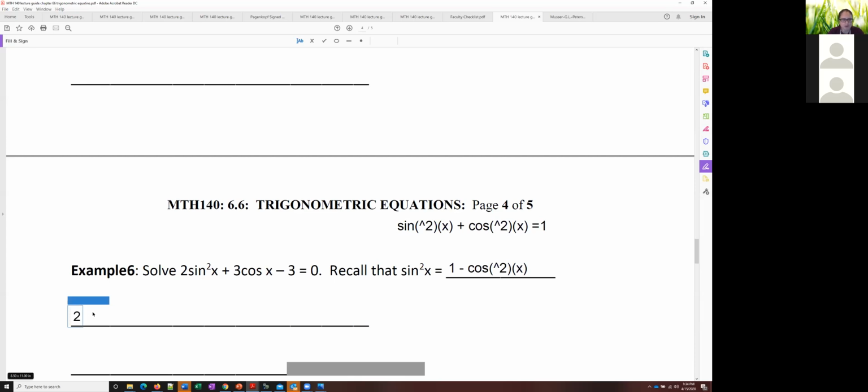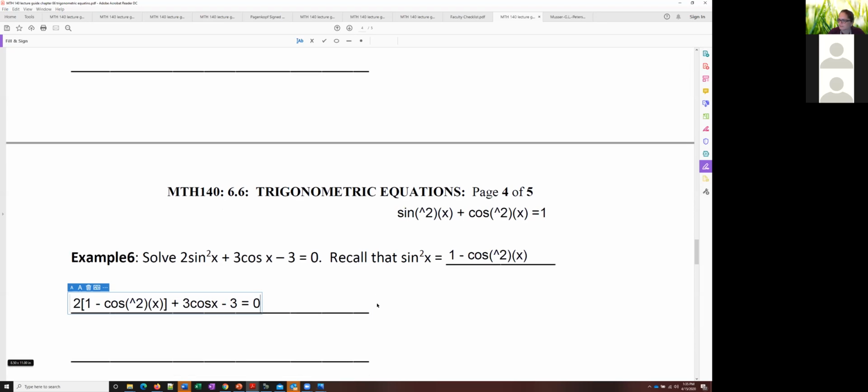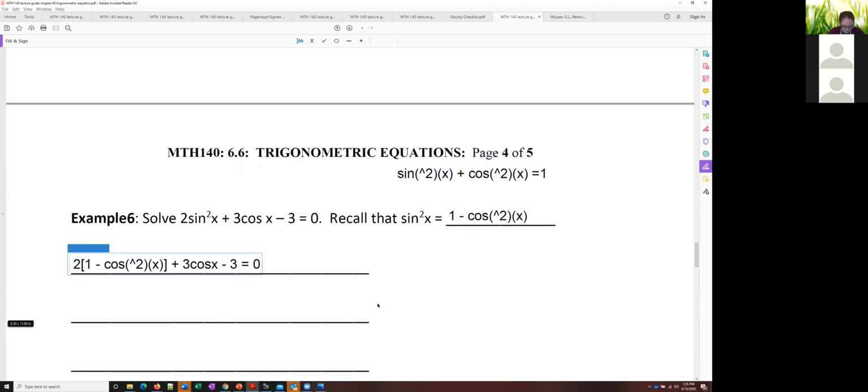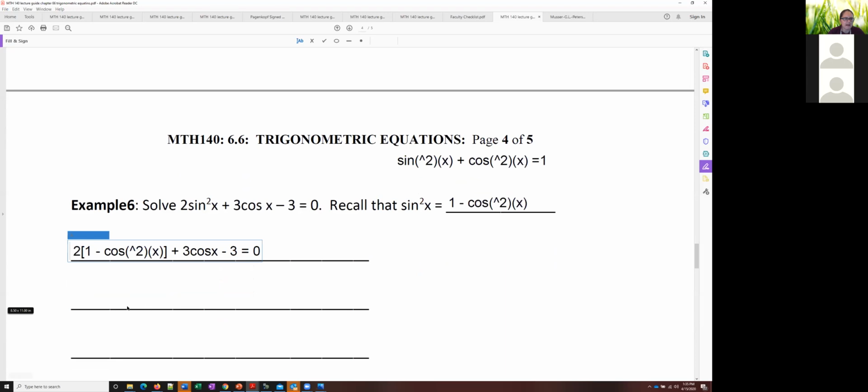So I have 2 times 1 minus cosine squared of x plus 3 cosine x minus 3 equals 0. Is that okay so far? Okay, so I'm going to go ahead and distribute the 2.